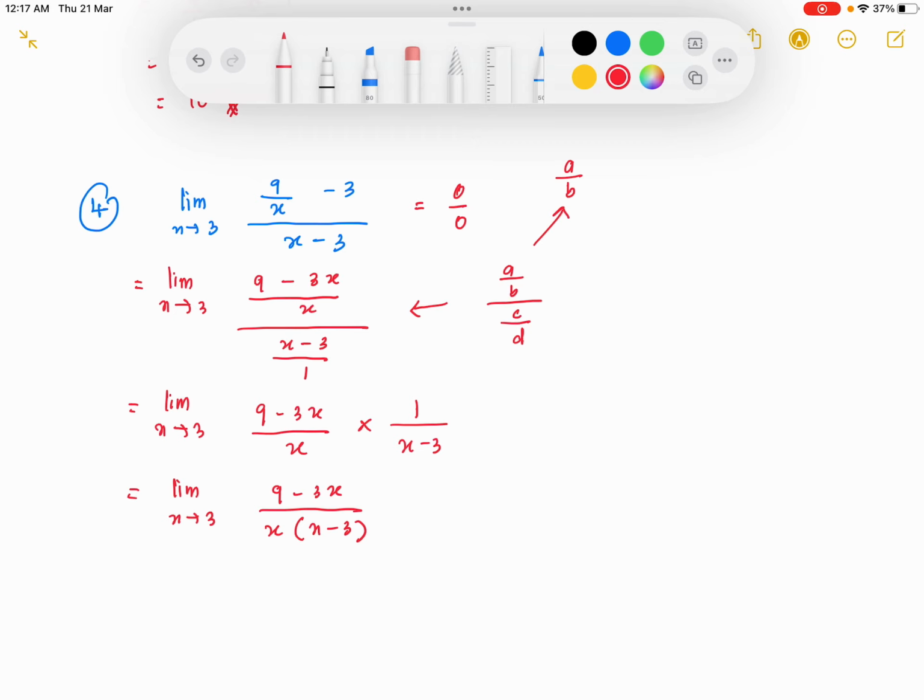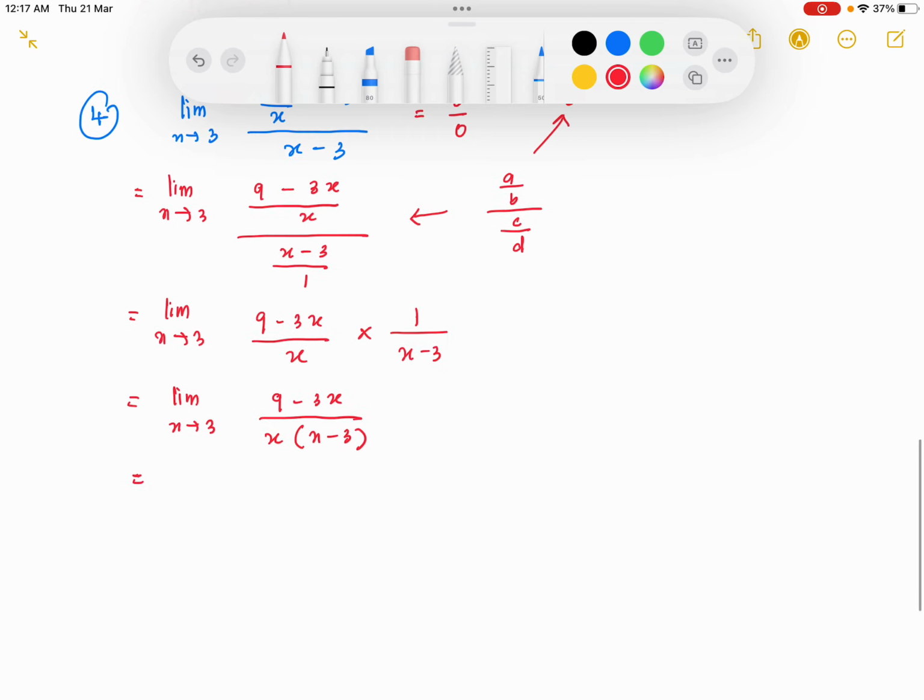Next we want to factorize. So limit x approaches 3, we can factorize the numerator. We can factor out 3: 3 times (3 minus x) over x times (x minus 3). So from here we can cancel out x minus 3. Since the sign of the function at the numerator is not the same, we can factor out a negative sign at the numerator.